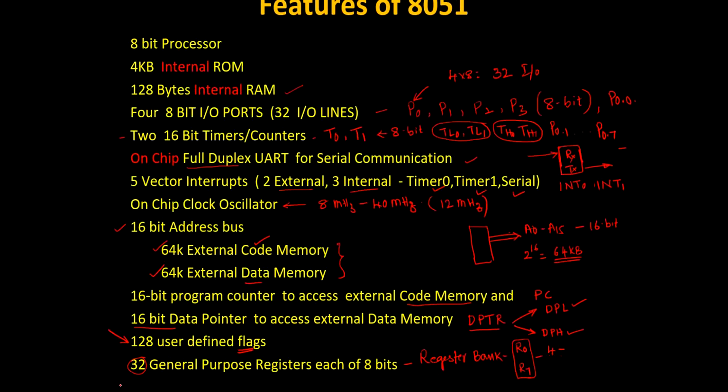Along with that, one of the other features is that the ALU can perform arithmetic and logic functions on 8-bit variables, and we have the 8-bit program status word, which we call the flags. So it is the 8-bit PSW, program status word, and also an 8-bit stack pointer.